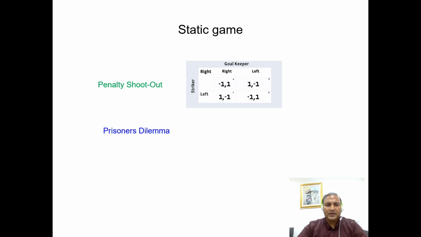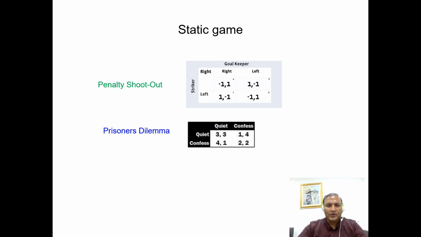And then there is another very popular static game, which we discussed a lot, the Prisoner's Dilemma. So you might be wondering that in Prisoner's Dilemma, the players, or suspects, do not take the action simultaneously. Then why do we call it a simultaneous move game? The reason is that when suspect 1 decides to remain quiet or confess, he does not know the action taken by the other player and vice versa.